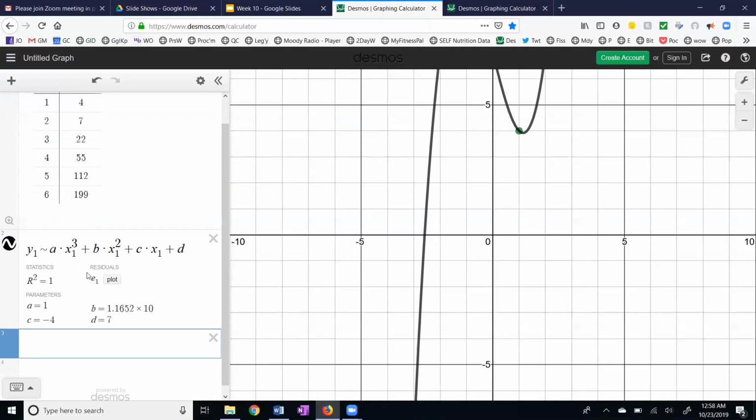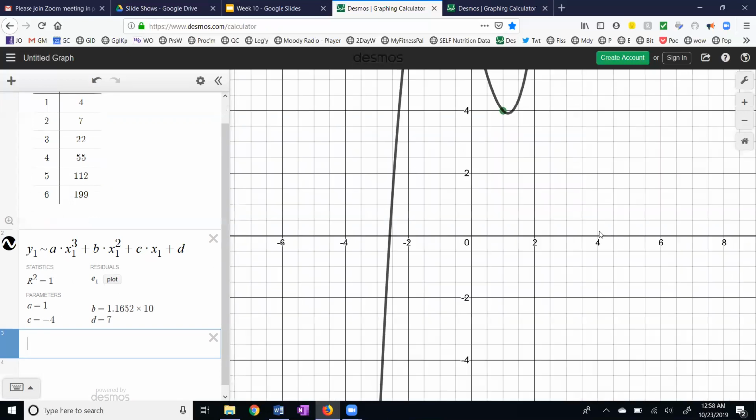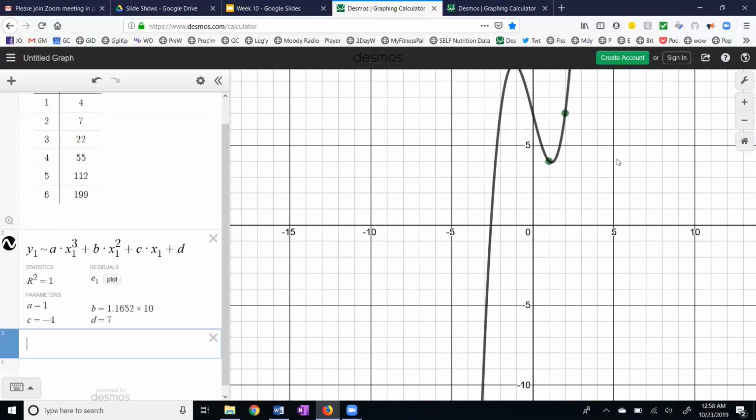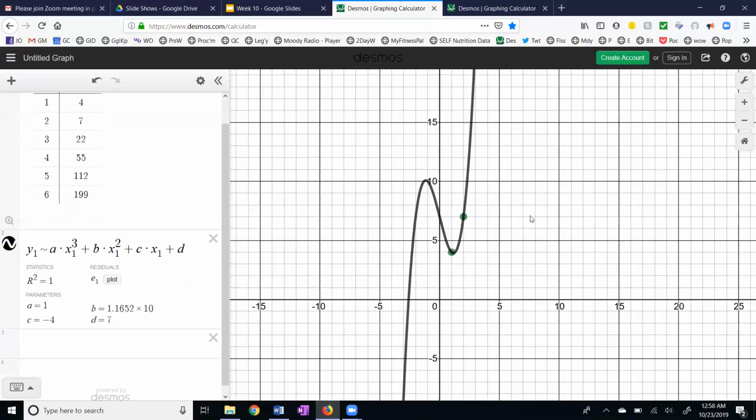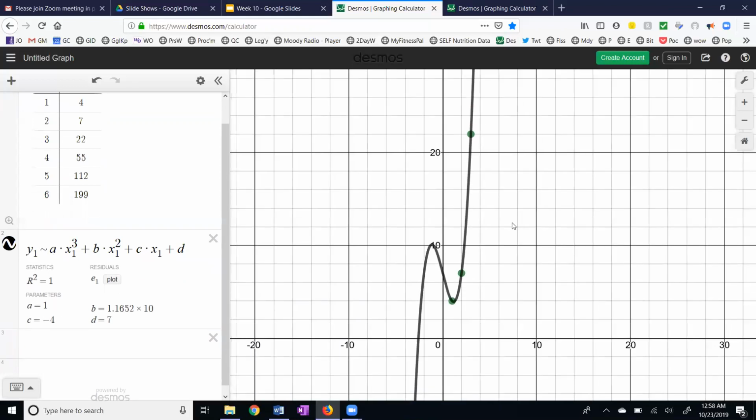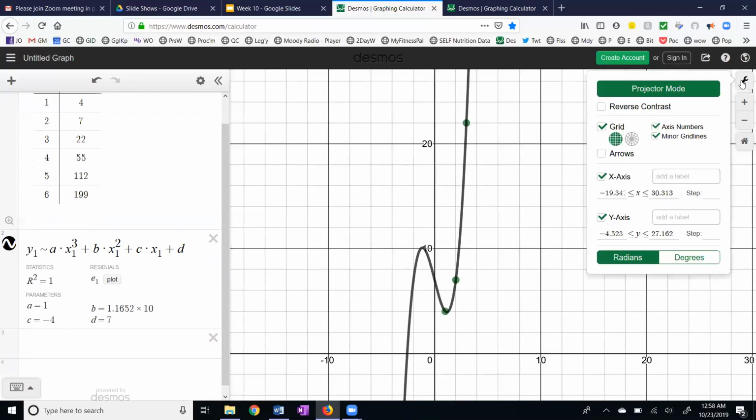Now, if you've done regressions before, here's r squared. When you have r squared equals 1, that means it's a perfect fit. And we can see here that this goes through the points exactly. I'm going to change my window here a little bit. That's under the wrench.